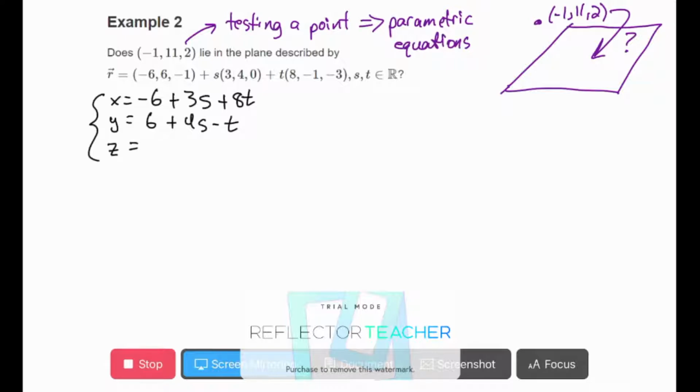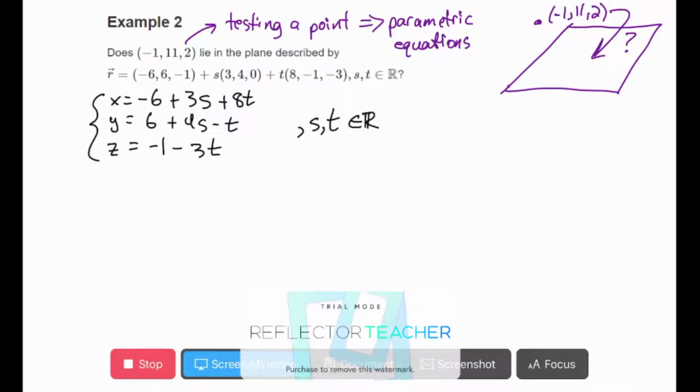The z parametric equation is -1 plus 0 times s, so I don't need that. It's just a 0 term, minus 3t. Don't forget to define our variables. S and t are elements of the real, all real values.